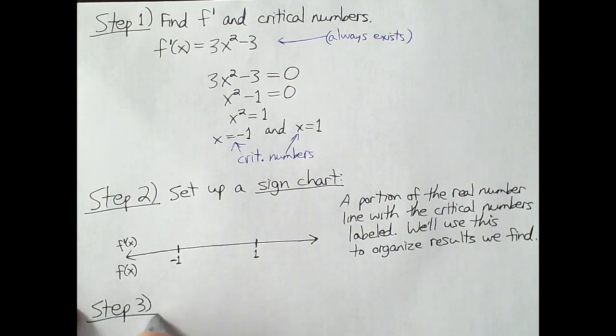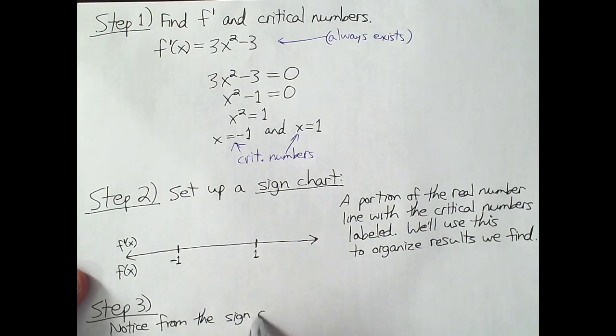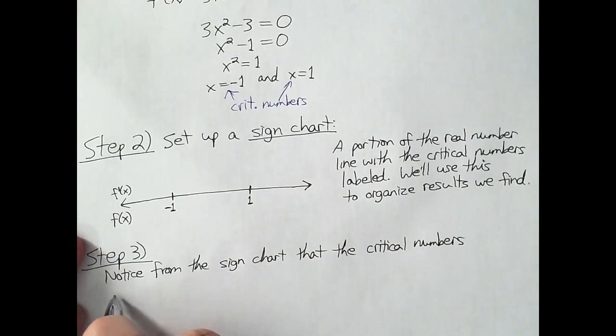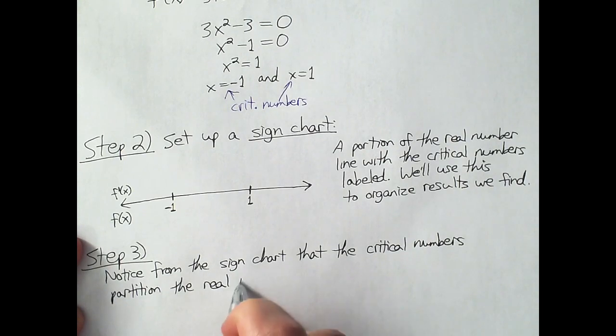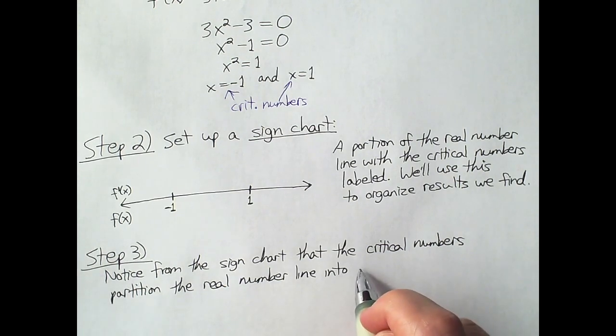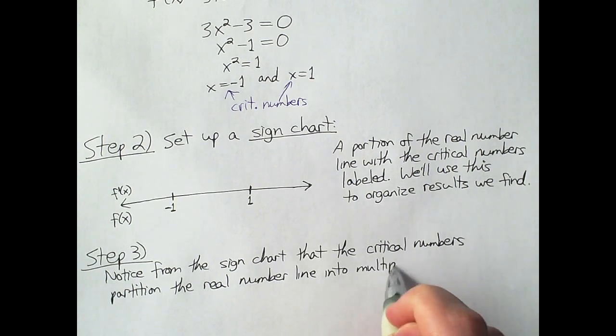This is going to be a 4-step process. Step 3. Notice from the sign chart that the critical numbers partition the real number line into multiple intervals.